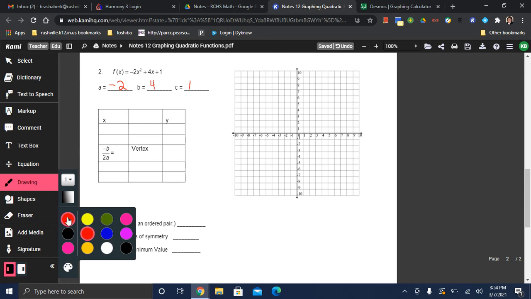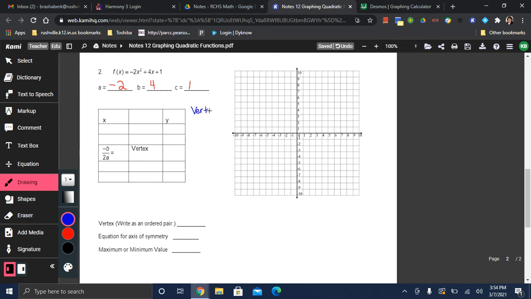The first thing that we will look to do is to work on the vertex, which uses the formula x equals -b over 2a. So x equals, I'm going to go ahead and set up parentheses for us to substitute in the a and the b.